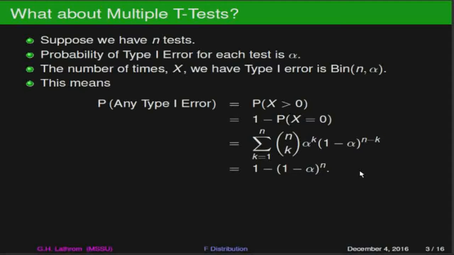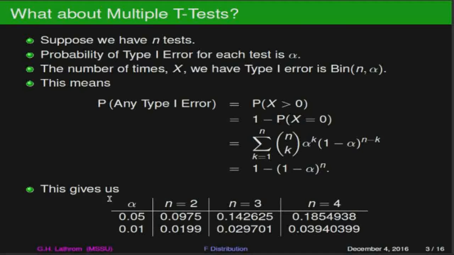And so if we just look at alpha being a significance level of 0.05 or 0.01, with n being 2 or 3, or by the time we get up to n equal to 4, even with a reasonable significance level, we've got the probability of any type 1 error being almost 20%.